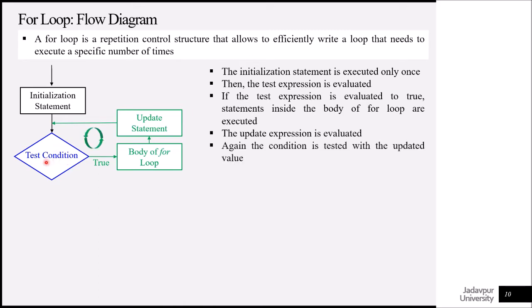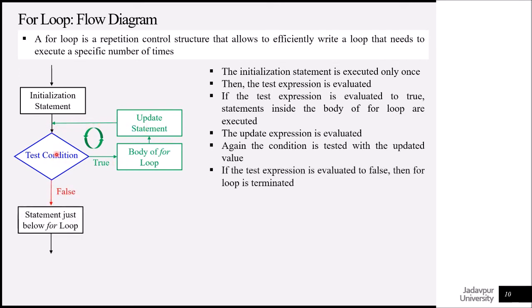Now this condition checking is done with respect to the updated value. If the answer is true, then obviously it follows the true branch and the loop continues. Once the test condition evaluates to false, the loop is terminated and execution moves to the next statement after the for loop.